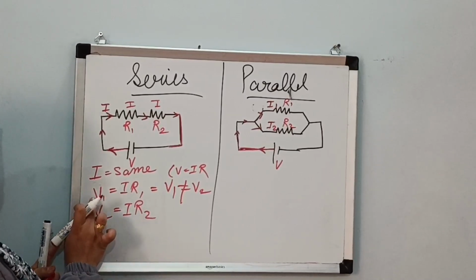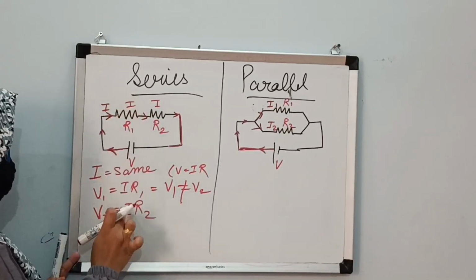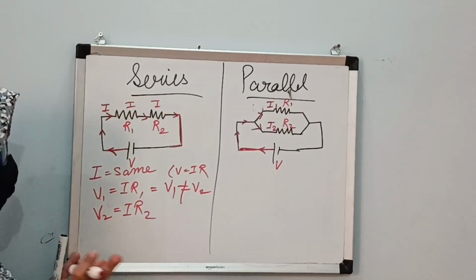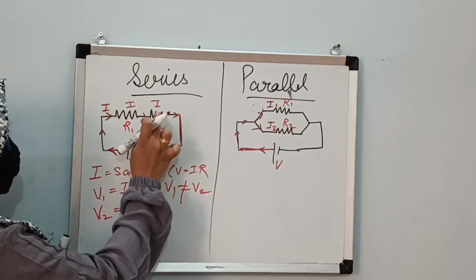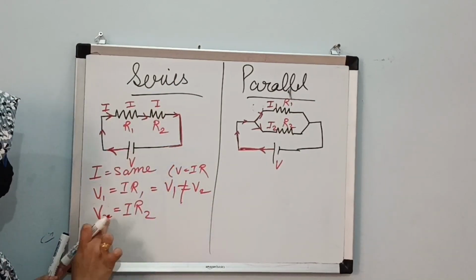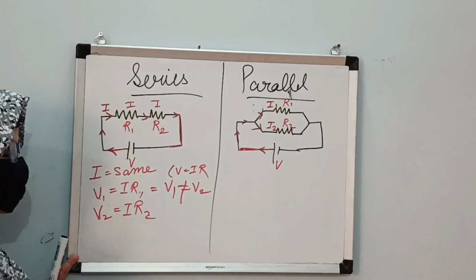Potential difference across this resistor is I R1 by Ohm's law, and potential difference across this R2 resistor is I R2. तो R1 R2 सेम नहीं है तो V1 V2 सेम कैसे हो सकते हैं.